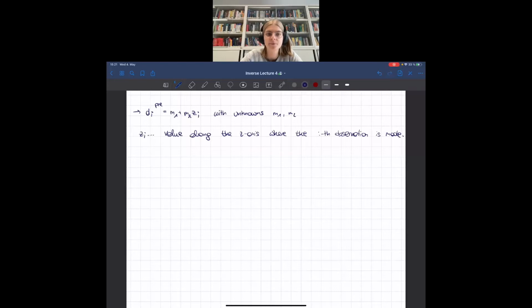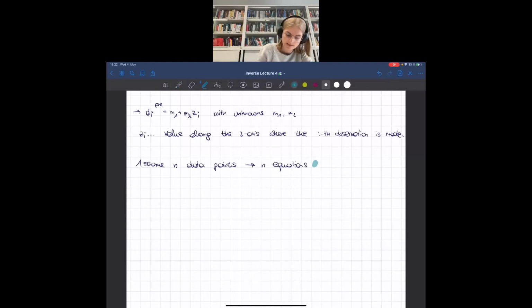So in the figure before, you saw that we have plenty of data points, and we assume that the number of data points is n. N data points will lead us to n equations. What I mean here with n equations is the thing we have written down here.